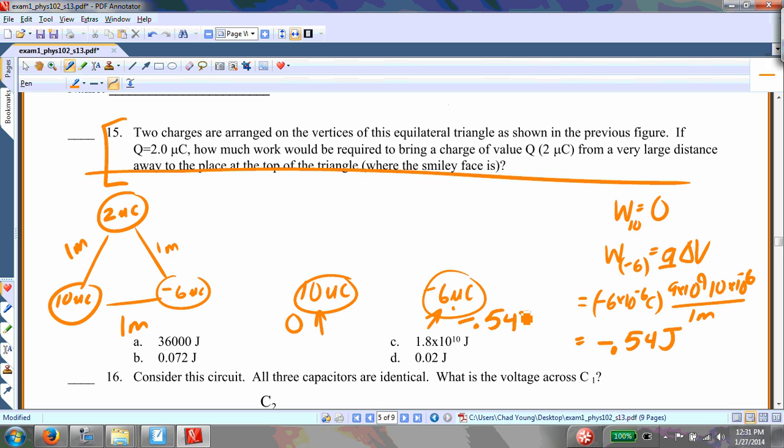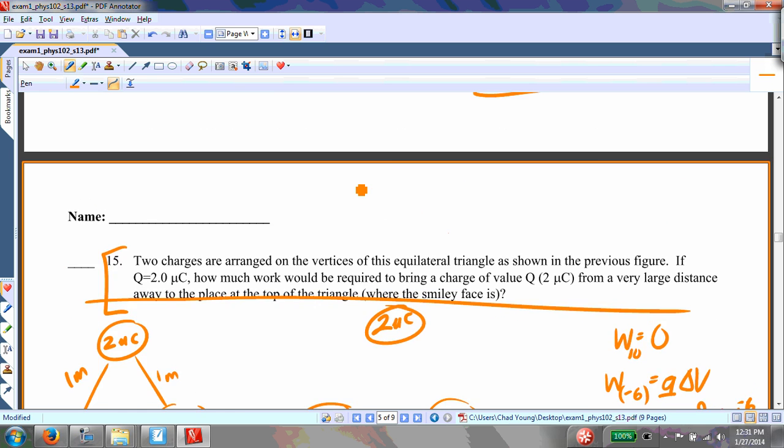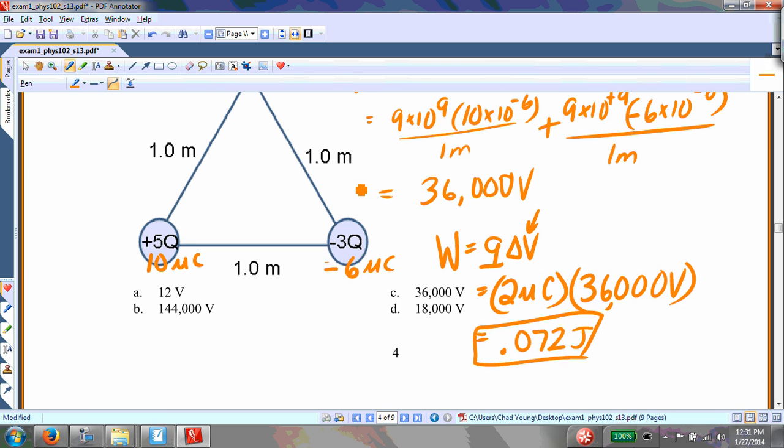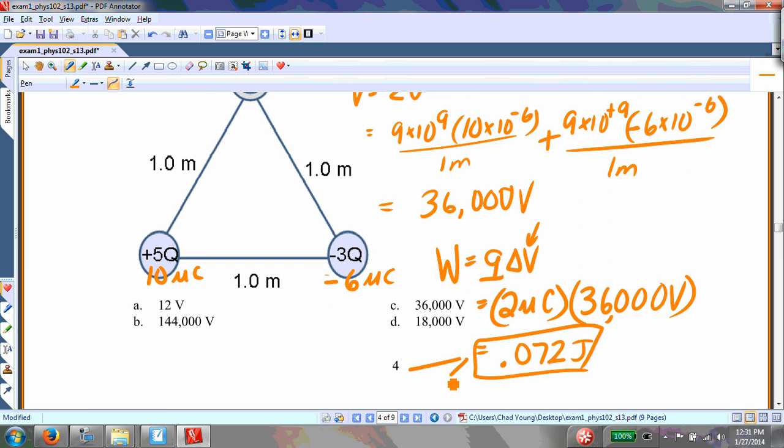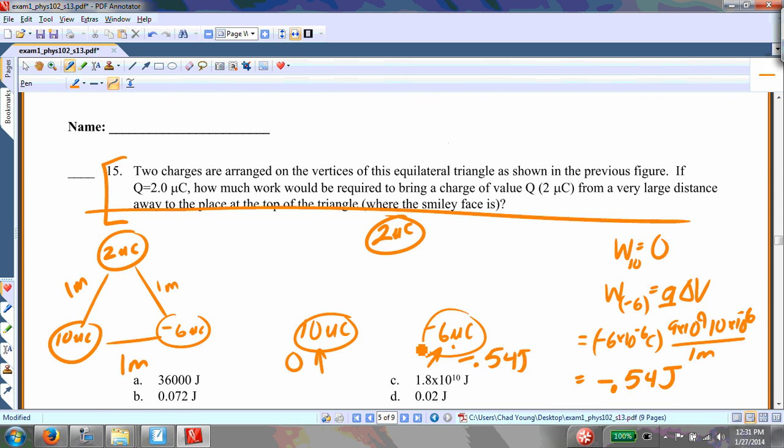So far I have 0 joules, negative 0.54 joules. And then I want to know how much to bring this 2 microcoulomb charge into place. Look, I've already figured that out. That was up here. That is this 0.072 joules.